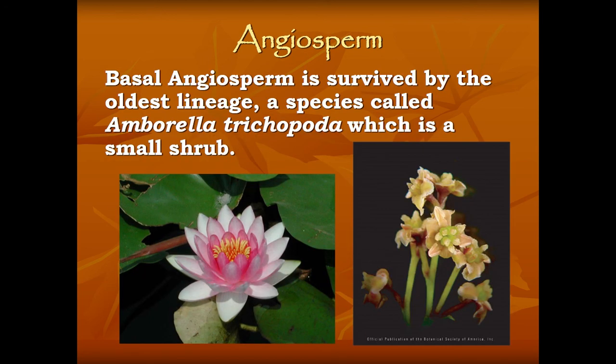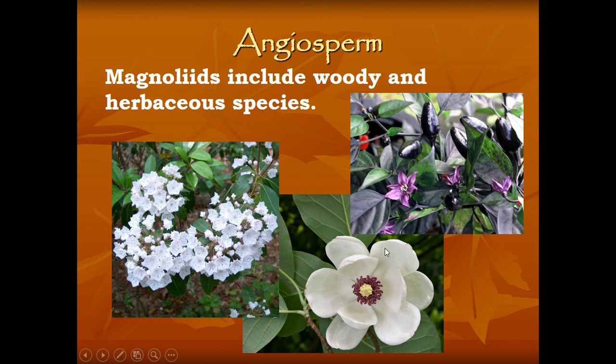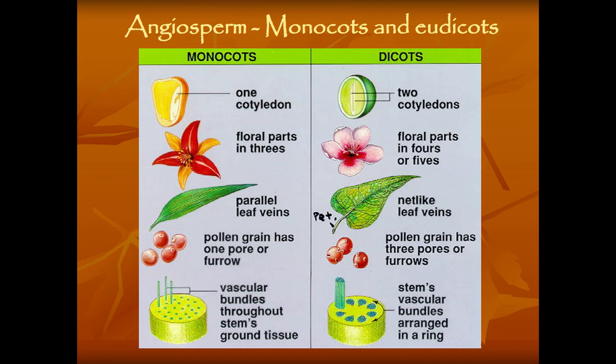The basal angiosperm group survives as the oldest lineage, a species called Amborella trichopoda, which is a small shrub. And the magnoliids of angiosperms include woody and herbaceous species.